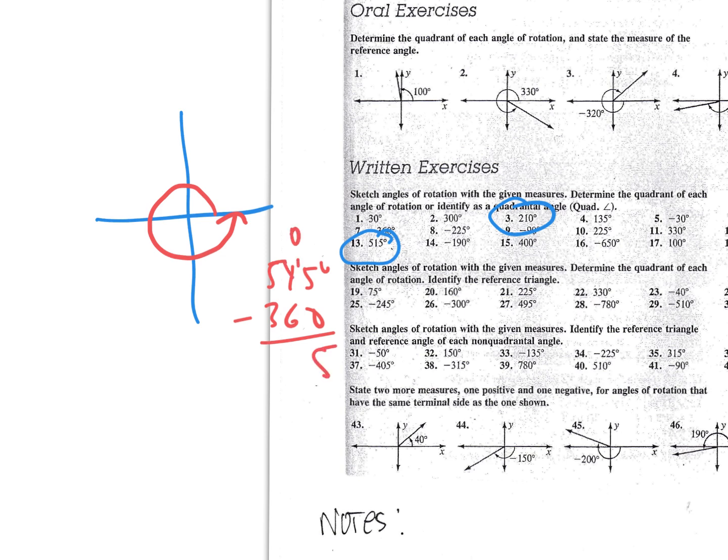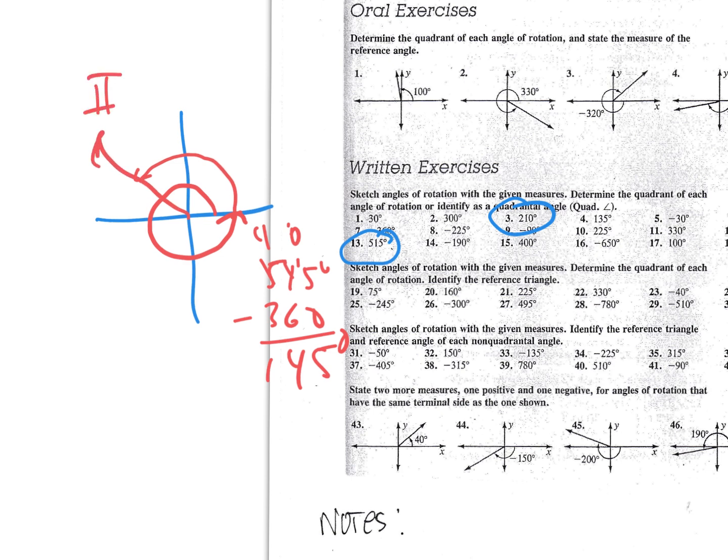That's 155, not 145. Yeah, so we're going to have to go 155 degrees more, which is going to be right about there. There's my angular rotation, and it lands in quadrant 2.